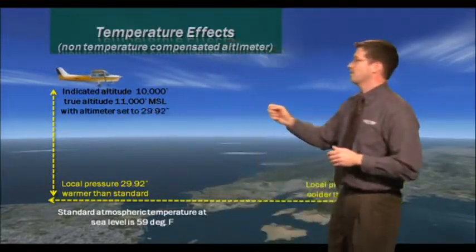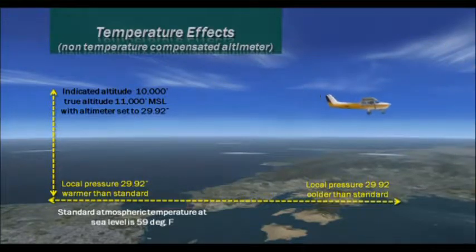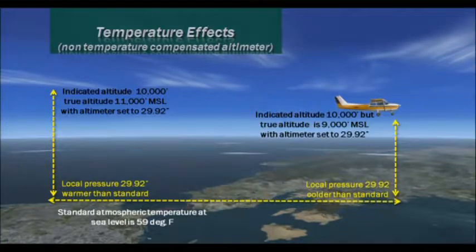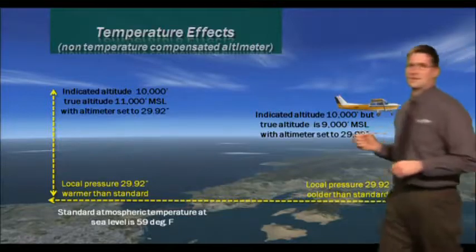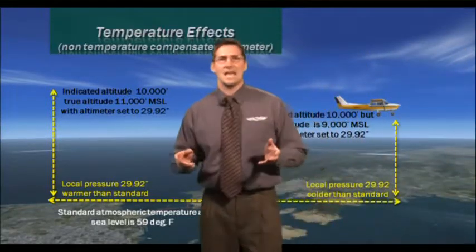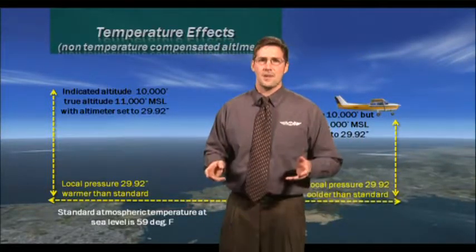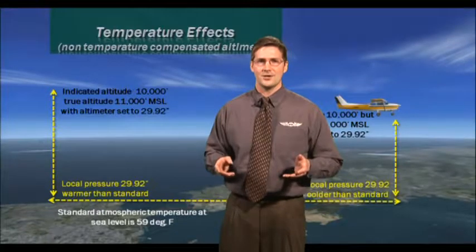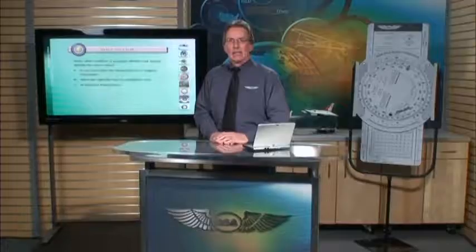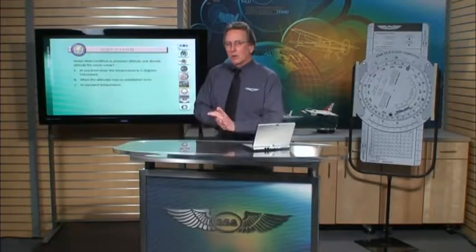Now, as the aircraft transitions to an area of colder than standard temperature, we can see that our indicated altitude is still 10,000 feet, but the true altitude is actually 9,000 feet. Now, the good news is that today most altimeters are temperature compensated, but the FAA wants you to understand this phenomenon.